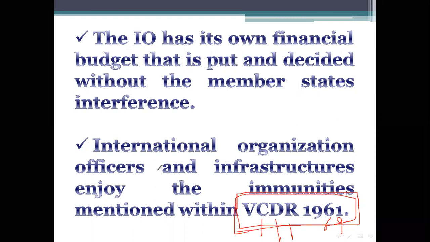and the other organizations, and the offices of these organizations and the infrastructures of the international organizations and the embassies and whatsoever.